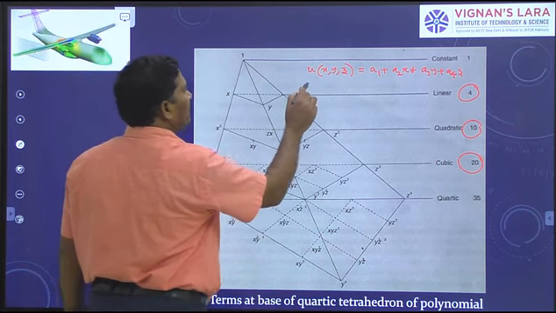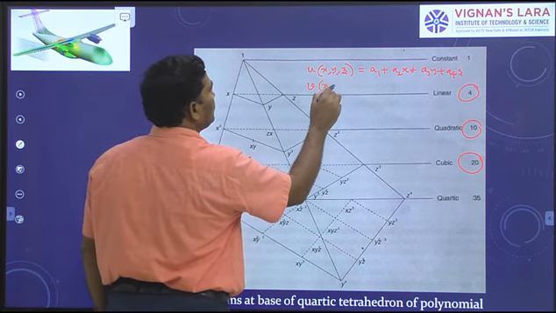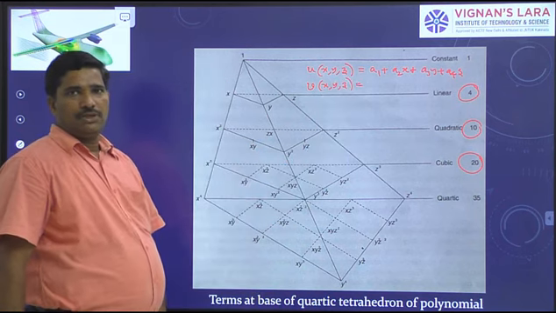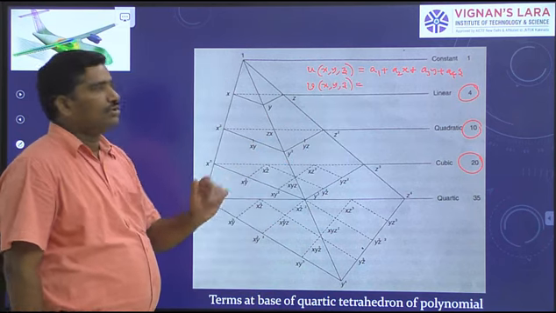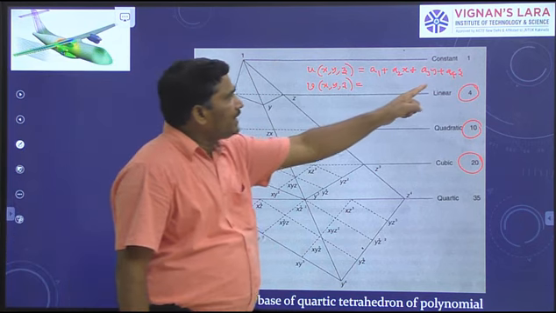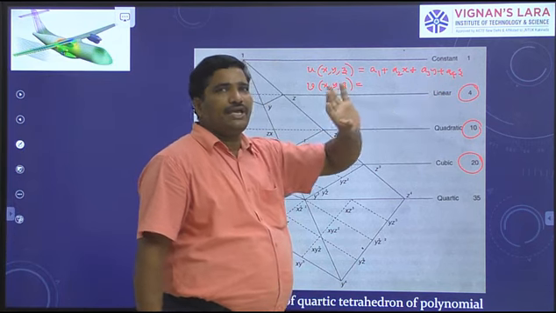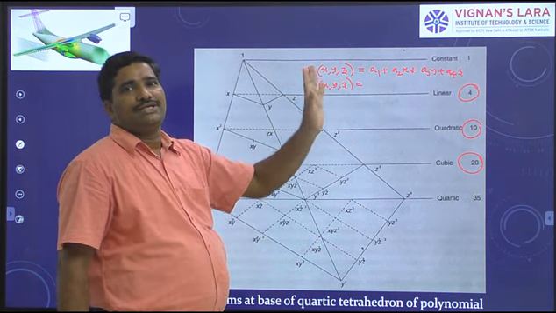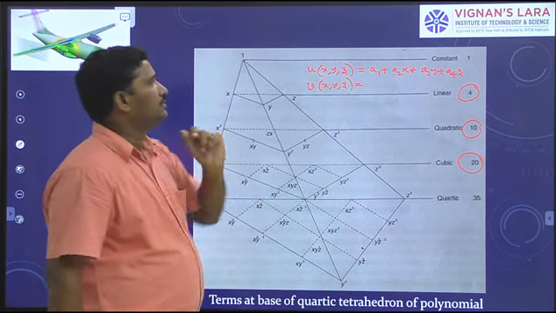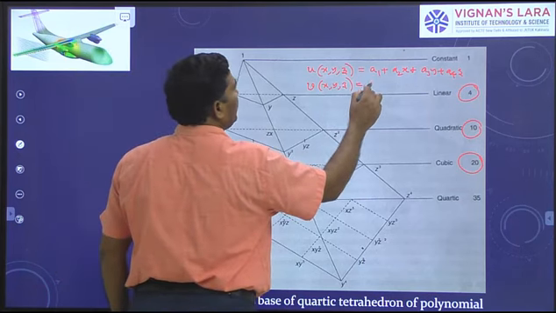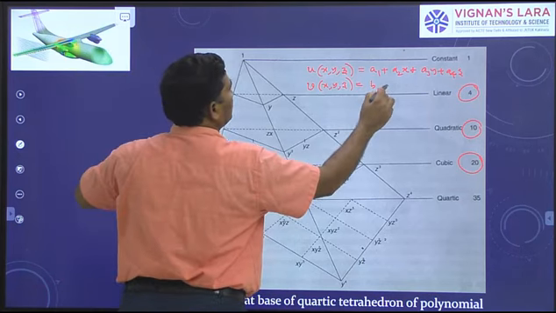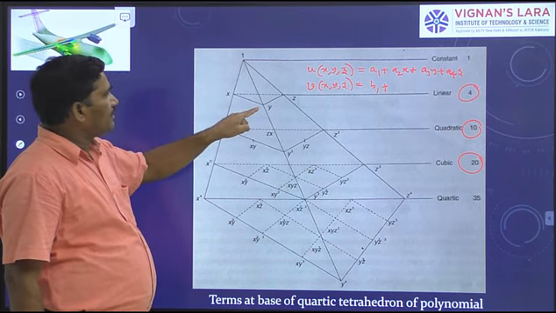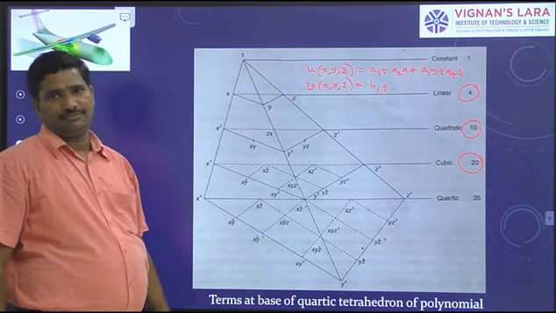Next, the displacement v of variables x, y and z. How do I write? I take the other coefficients, or I can take the next coefficient next to a4, a5. Otherwise, I write b1, b2, b3 and so on. Now, what I do is I take b1 into 1 plus b2 into x plus b3y plus b4z.